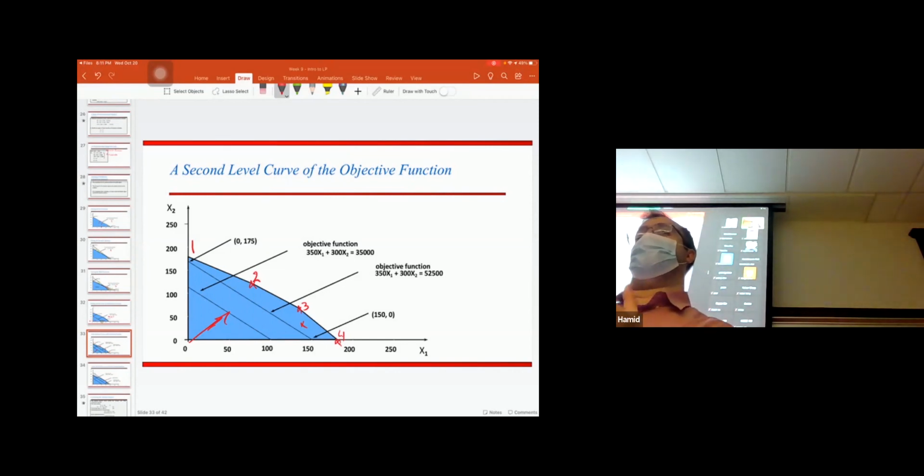So even here, we have a two-dimensional problem. It's very easy for us to imagine and see that if you move your objective function line from left to right, it increases your objective function value. It's pretty easy, right? It's easy to imagine. But let's say instead of x1, x2, you have x1, x2, x3, x4, x5, x6.